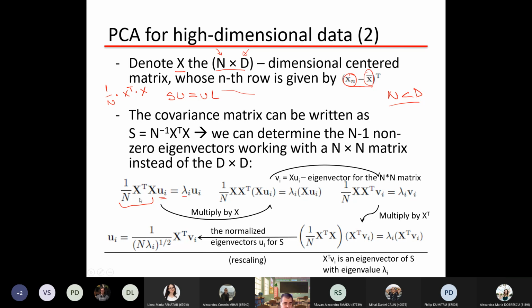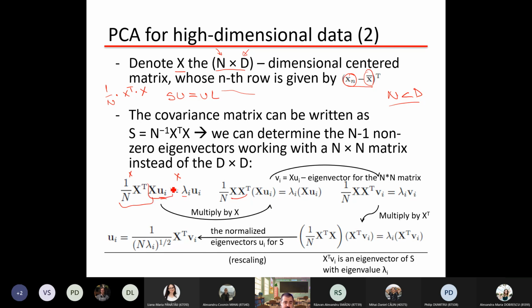So we multiply by X here and here. Since lambda is a constant, it goes in front, so we will have X multiplied by X transposed.